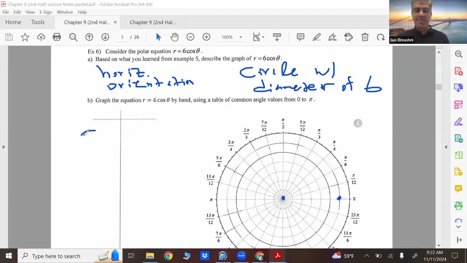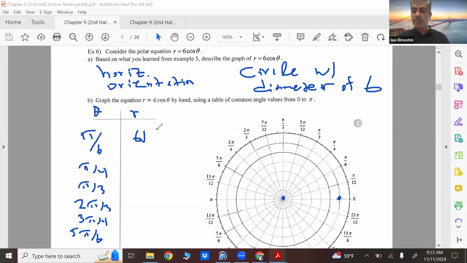Like maybe pi over 6. So here's theta, here's r. Maybe pi over 4, maybe pi over 3. Pi over 2, I already know it's 0, so don't waste time with that. 2 pi over 3, 3 pi over 4, and of course 5 pi over 6. Well, pi over 6, what's the r value going to be? That's going to be 6 root 3, right? No, sorry, 3 root 3, my bad.